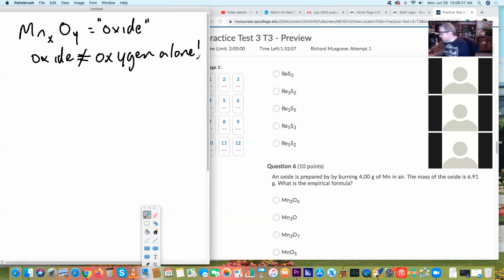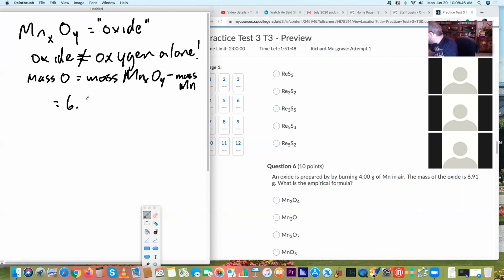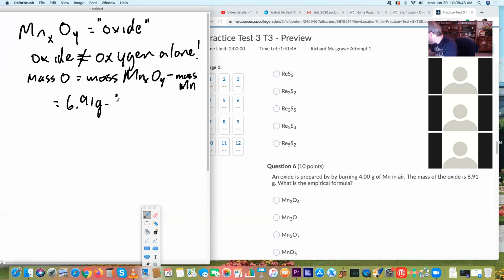So in order to obtain the mass of oxygen, the mass of O is going to be the mass of the oxide, MnXOY, minus the mass of manganese. So in this case, it would be 6.91 grams minus 4.00 grams, which would be 2.91 grams. So that's where we're going to get the oxygen from.